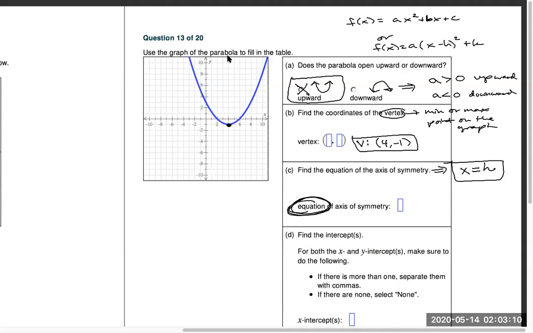Draw a line through it that keeps your parabola symmetric, and then find the equation of that line. x equals, that gives you a vertical line. And then what's the x value there? 4.